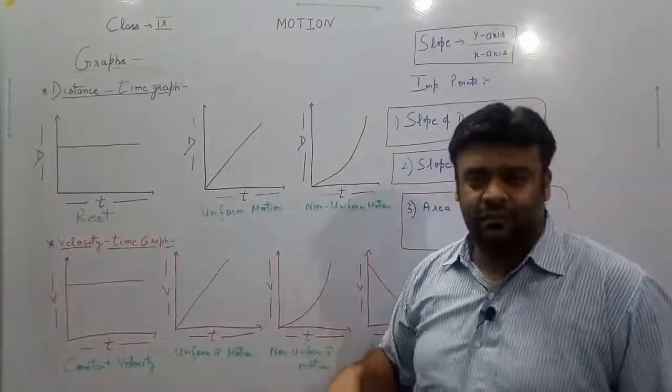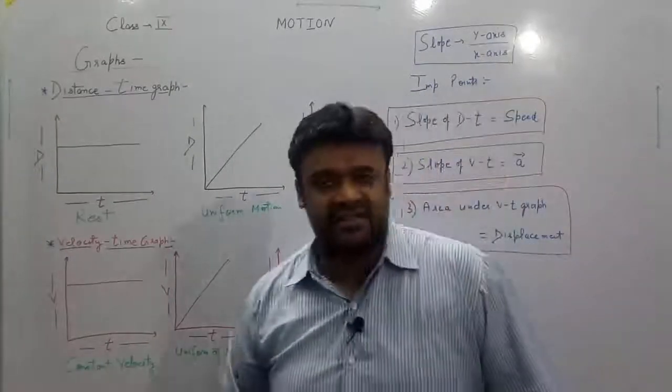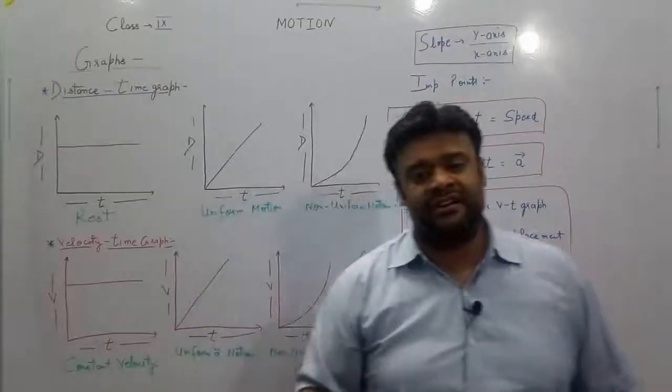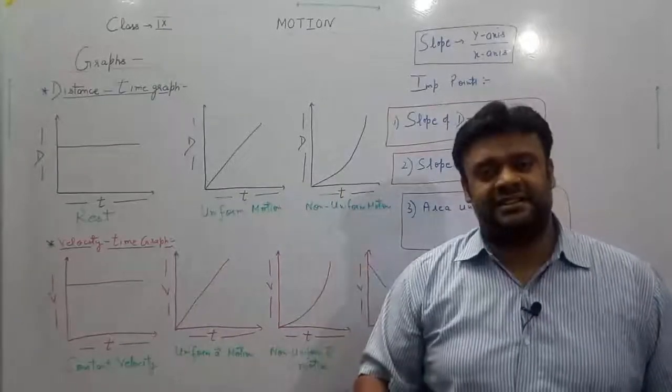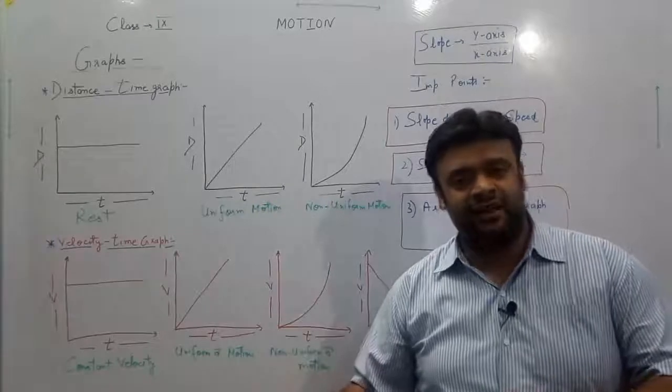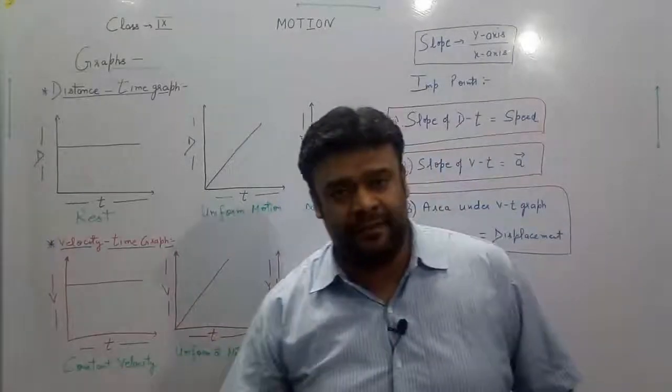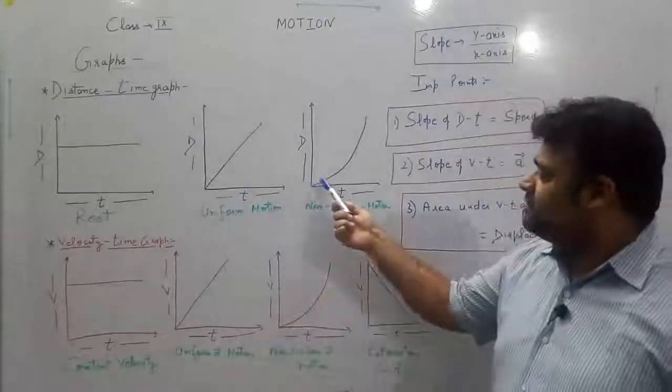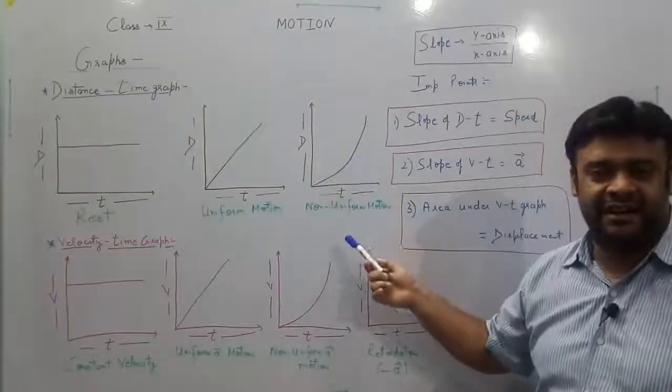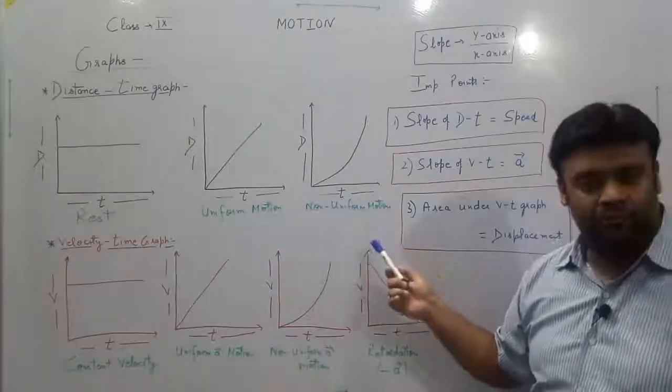Again, what is non-uniform motion? We have discussed that an object covers unequal distances in equal time intervals. This type of curve represents the distance time graph for non-uniform motion.